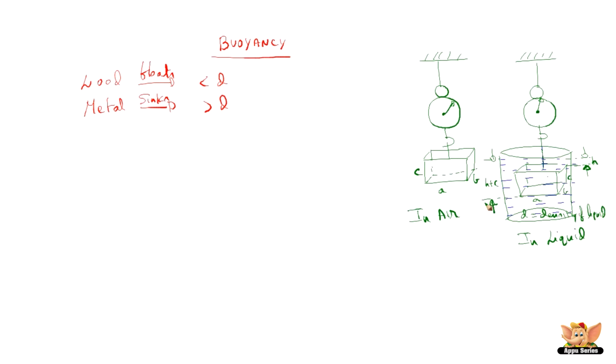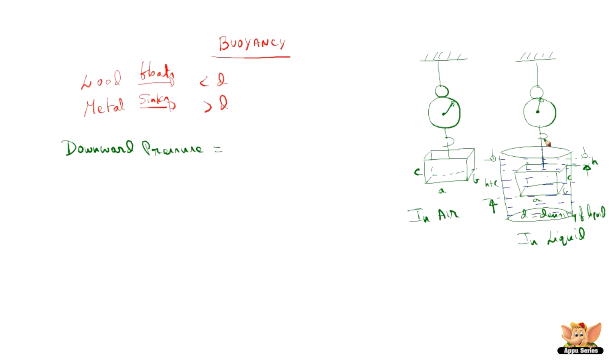Now, with all these parameters in mind, let us understand the downward pressure acting on the box. From these pressures, we can find the buoyant force. How is the pressure defined? Pressure is defined as the density of the liquid and the distance over which it is acting.